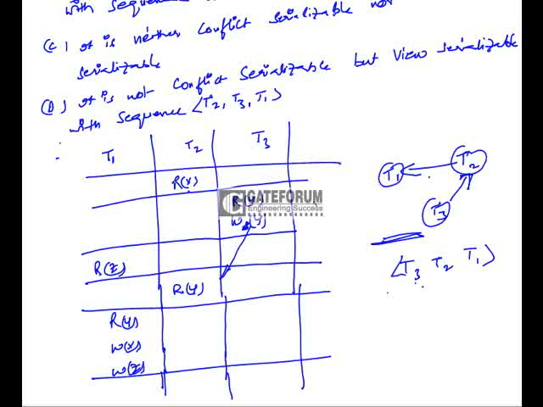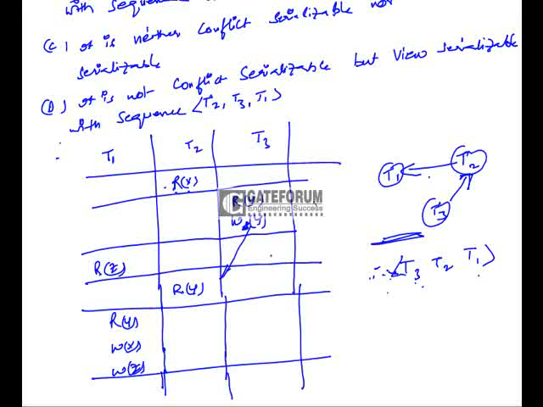First read operation on X is performed by T2, and in the equivalent schedule also the same thing is happening. The first read action on Z is performed by T1. Here T3 and T2 are not performing any read operation on Z, so in the equivalent serial schedule also, the first read operation on data item Z is performed by T1.